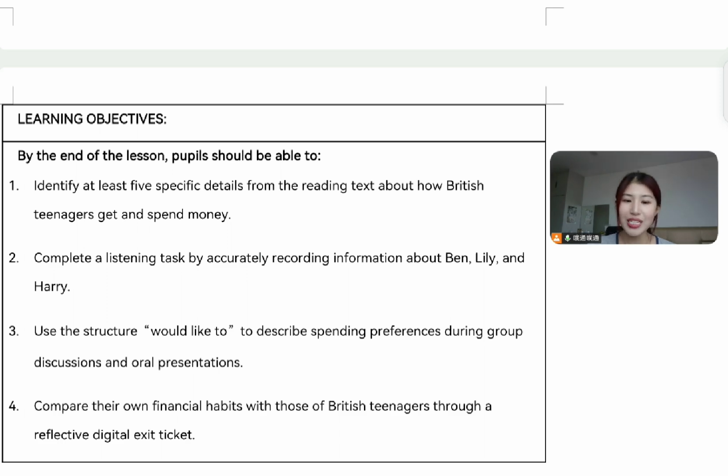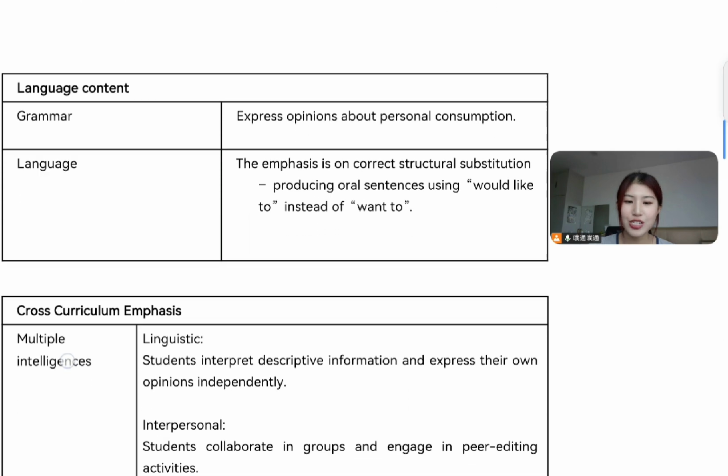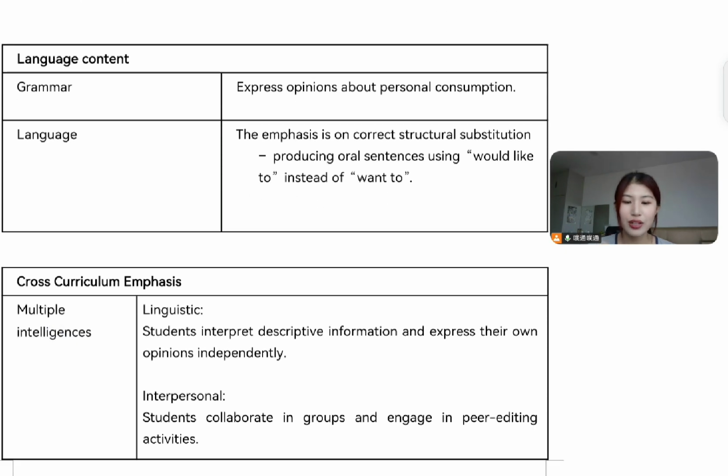To meet these learning objectives, I will briefly introduce the language focus, cross-curricular elements, and teaching aids. First, language content. Students learn to talk about consumption with the polite phrase would like to instead of want to. Second, cross-curricular emphasis.